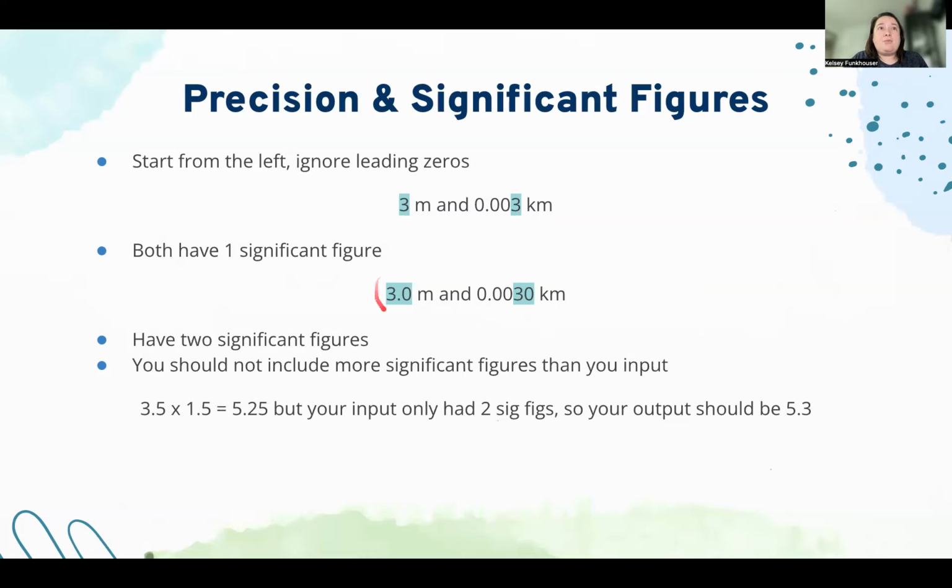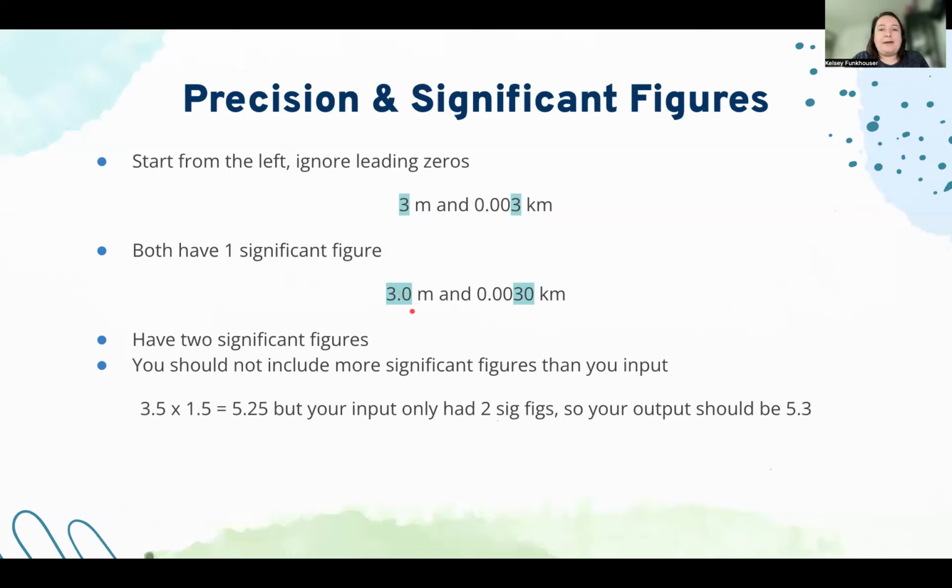If instead we have 3.0 meters and 0.0030 kilometers, they both have 2 significant figures. When we present numbers like this, we're saying that we are sure or relatively sure about the value of that trailing zero. So we don't just put a trailing zero to have 2 sig figs. So we need to feel confident in that value.